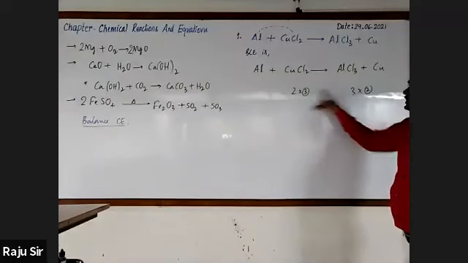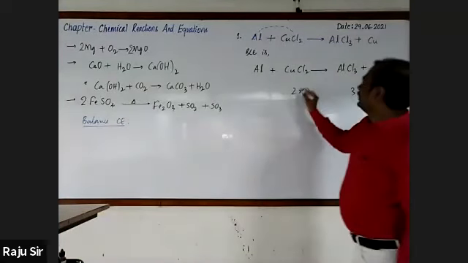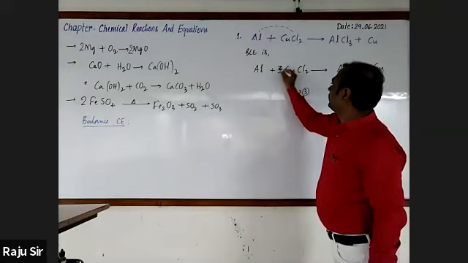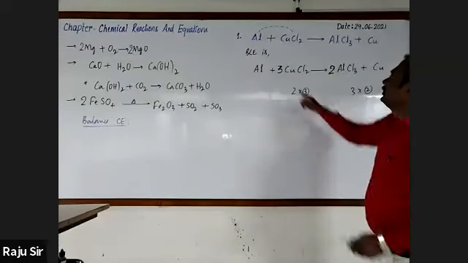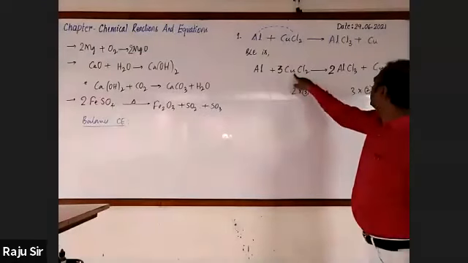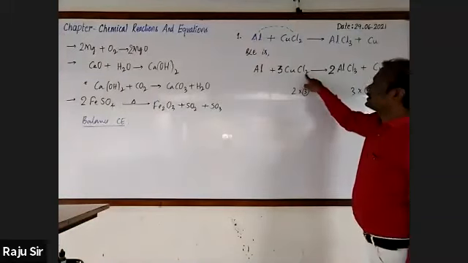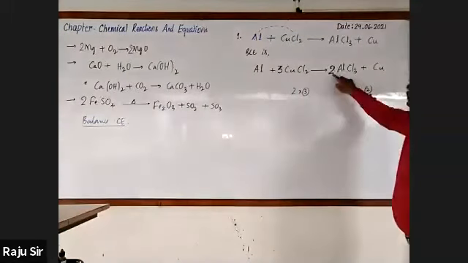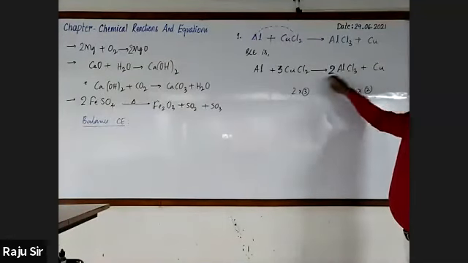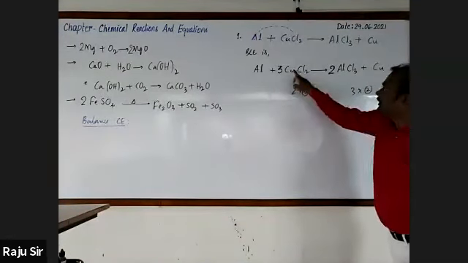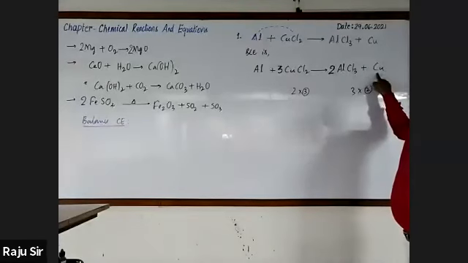See, 2 3s are 6. Here 3 2s are 6. I'll write here 3 and here 2. Now you may count: 3 2s are 6 atoms of chlorine. Here 2 3s are 6 atoms of chlorine. And copper, 3 atoms are there, but here is 1 atom.